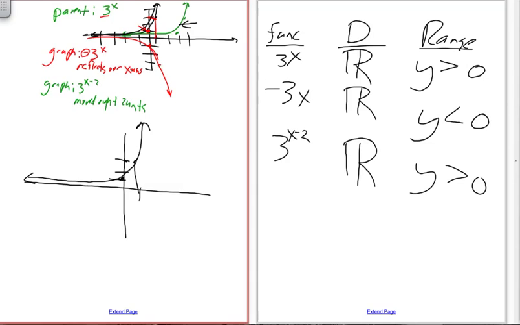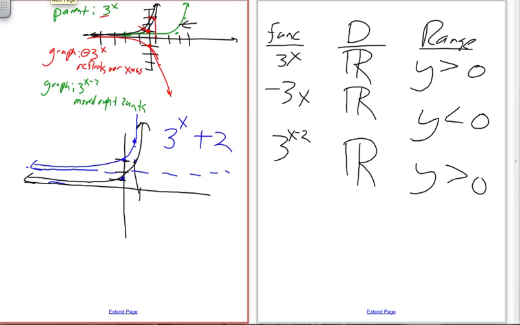So I'm looking at 3 to the x plus 2. What I do is I take this point, I move it up 2 units. Take this point, I move it up 2 units. But I also take my horizontal asymptote and move it up 2 units. So now my function looks like this.